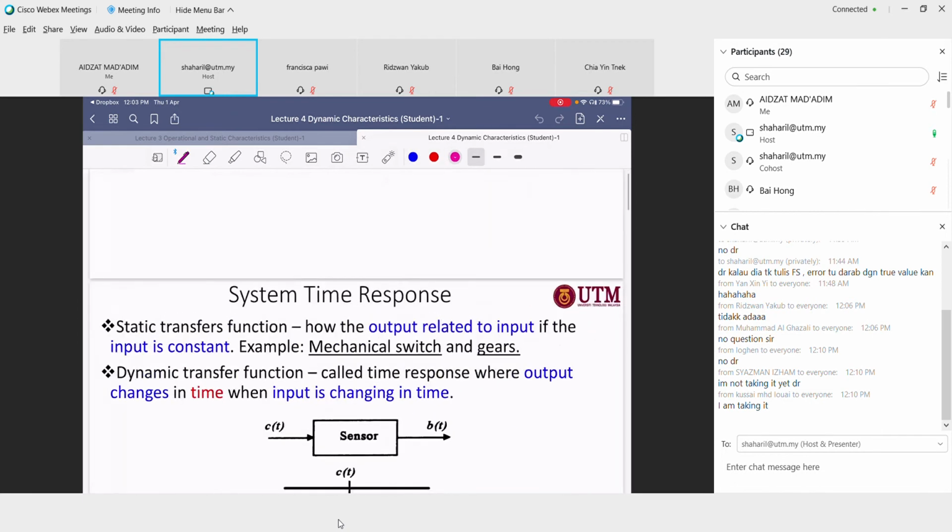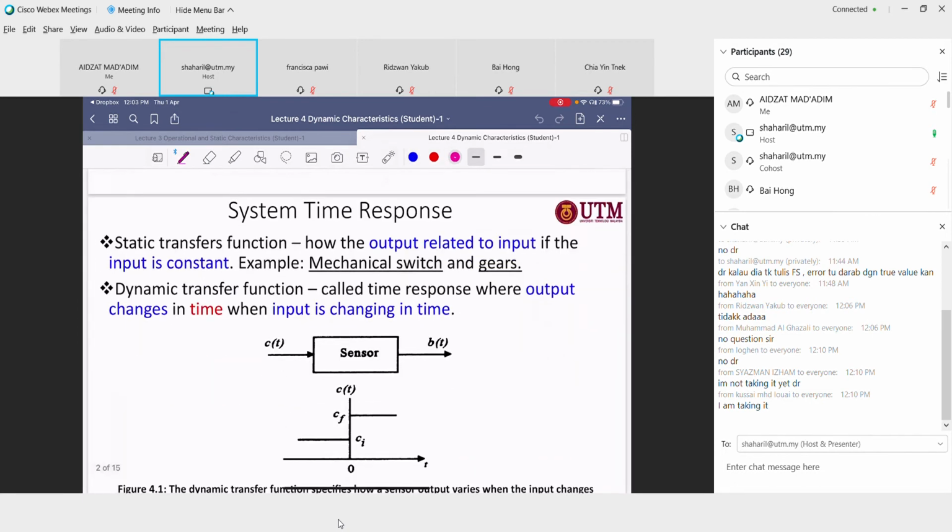Okay. Static transfer function. When we talk about the system time response, right? That means when you give this input, what will happen on your output in terms of the time response.